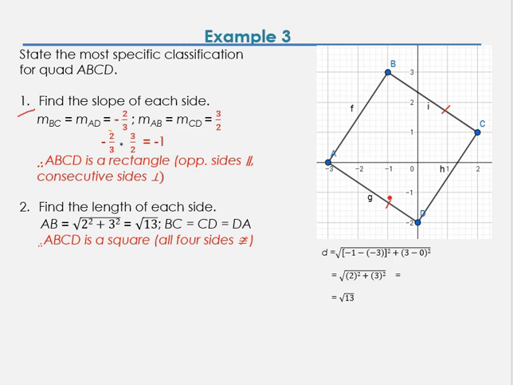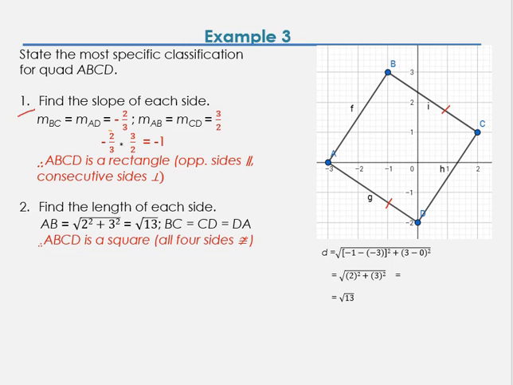So, if you remember back to when we were doing slopes, slopes that are opposite reciprocals are perpendicular lines. So that means that we actually have 4 right angles here.